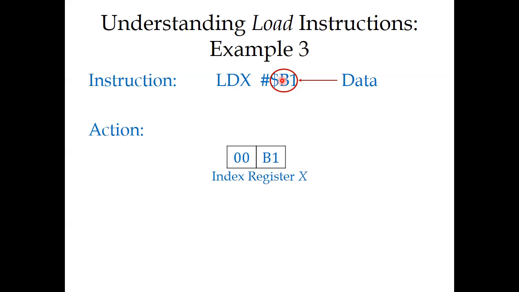Now, let's say you are answering this question in the exam: what data will be loaded into index register X? You'll be writing 00B1, not only B1, because we want to make sure you understand what will be loaded in full. You may write B1 and probably get partial credit, but we need to know that it has to be 2 bytes. So in the previous one the answer is only B1, and this one has zeros in front.